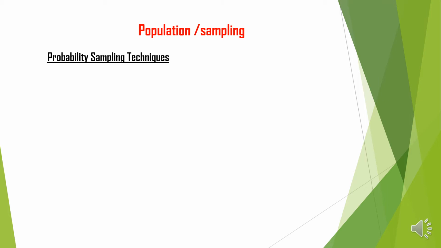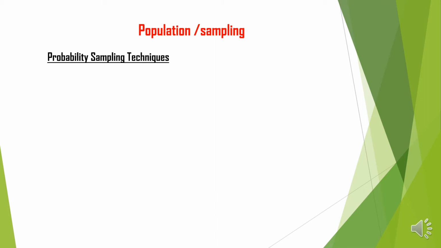We have probability sampling technique and non-probability sampling technique. Probability sampling technique means simply every single one inside the population has the probability to be selected while I'm taking a sample.